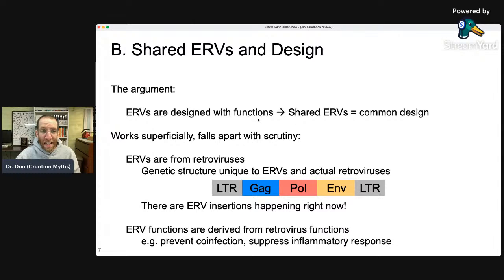The other reason we know that ERVs are from retroviruses, and this function argument doesn't work, is that the things that they do are functions that are derived from viruses, right? Think about the things that ERVs do. One thing that SFT harps on a ton is that they are these viral mimic sequences that look like viruses because they're derived from viruses, and they actually inhibit infection by viruses, which, yes, viruses do that, because if you're a virus, you know what you want to prevent?